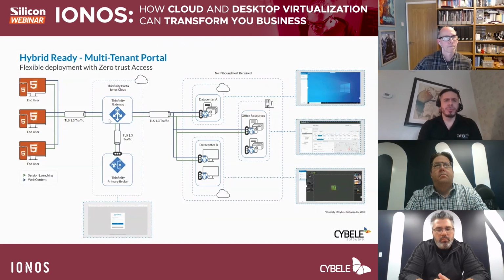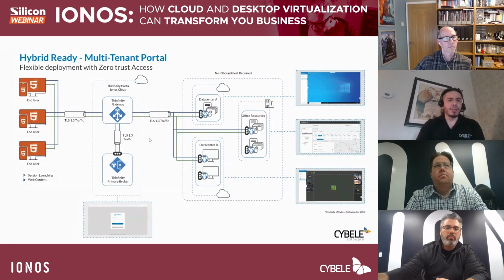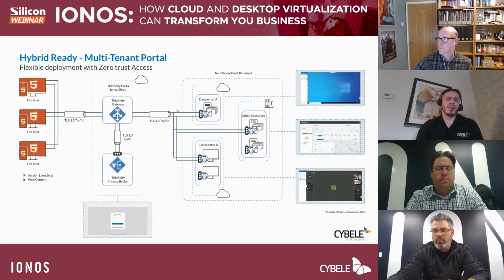Without going too deep into the weeds, this is the only part that needs to be accessible from the internet. All the rest, you have no footprint on the internet, not the data centers, not the IONOS resources, not the on-premise resources. Everything is shut down. You don't have to open any inbound port to access those resources, which is a huge advantage in terms of security and control. Indeed.